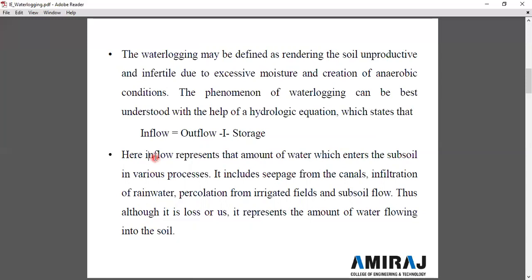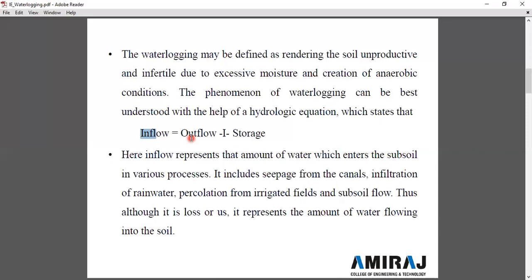So the equation is inflow equals outflow plus I plus storage. Outflow is the water lost by evaporation, transpiration, or underground drainage. I is the amount of water consumed by the crop roots.